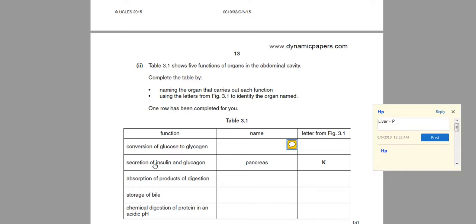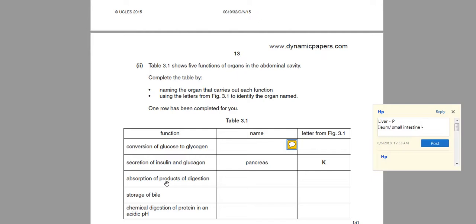Okay. After that, absorption of products of digestion. Whenever we think about absorption, what comes to our mind? Small intestine. And which part of the small intestine? That is actually the ileum. Remember, that has the villi structure. So here we may name it ileum, or we may also call it the small intestine.